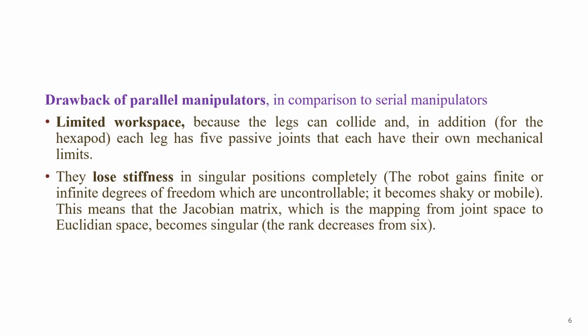The second point is that it will lose stiffness in the singular position. If it is losing stiffness, it means that the robot will have infinite degrees of freedom, and then it may just be shaky, or it will move. So at those times it will be difficult to control.